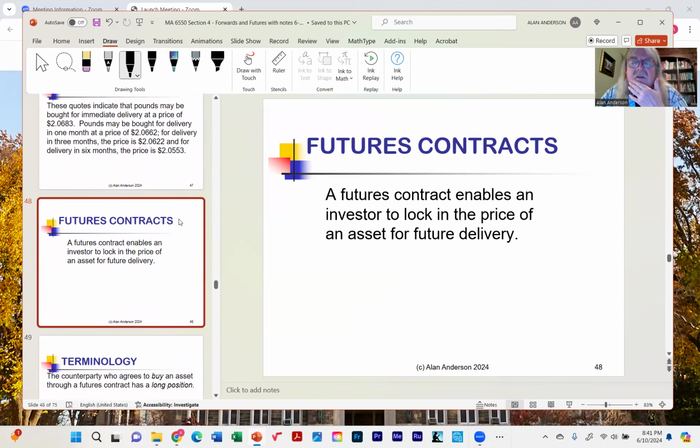Now, futures contracts are very similar to forward contracts, but there's some very important differences. The logic is the same. We're trying to lock in the price for future delivery of an asset, but it has certain benefits and certain drawbacks that you don't get with forward contracts.